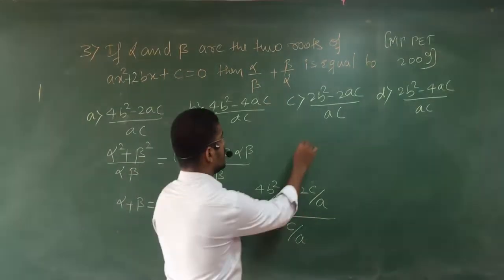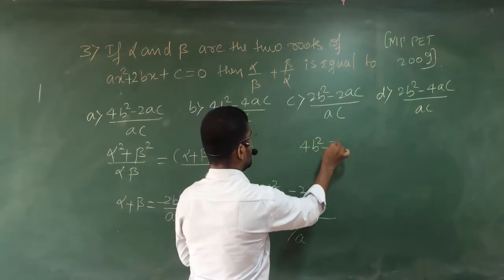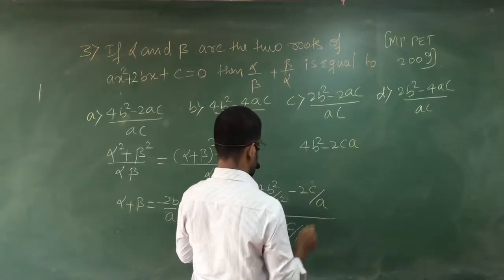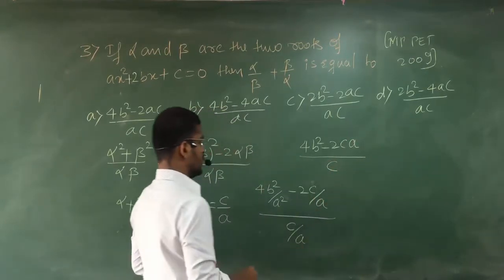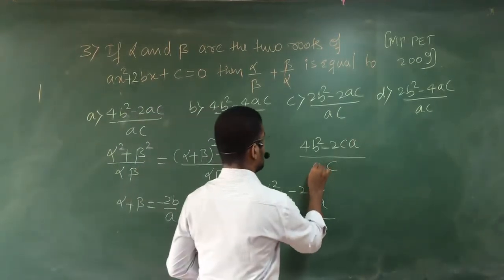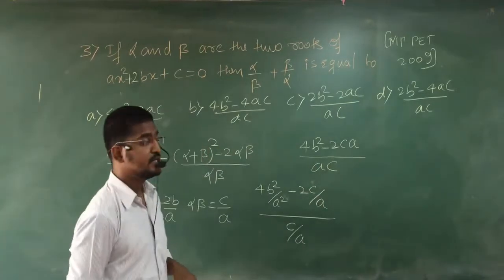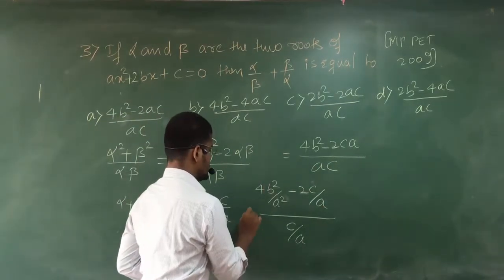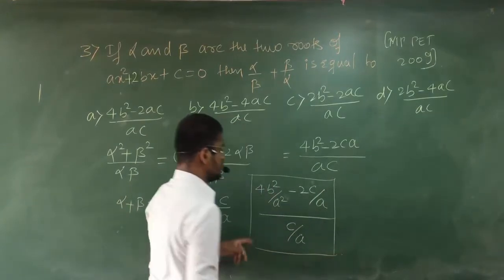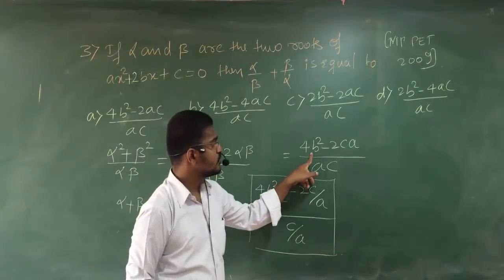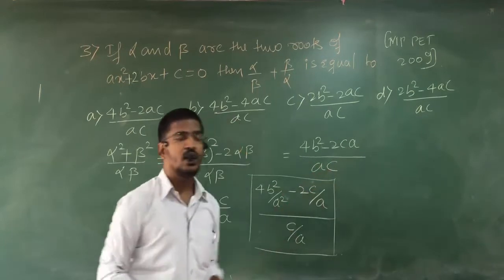So this will be 4b square minus 2ca divided by c into a divided by c into a. If you simplify this particular term, it will be 4b square minus 2ca divided by ac.